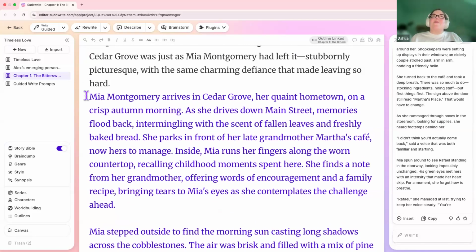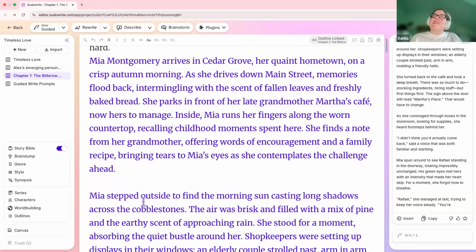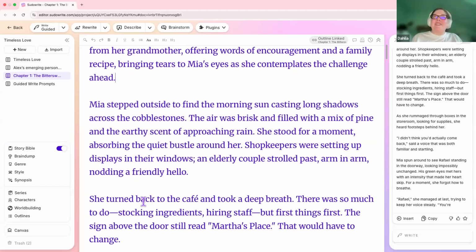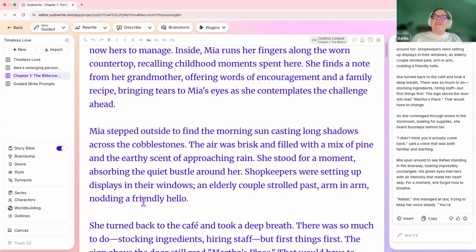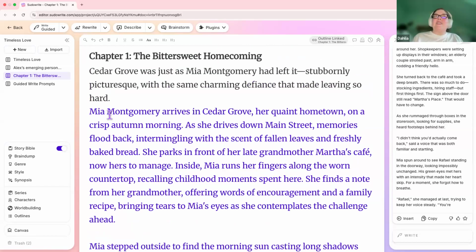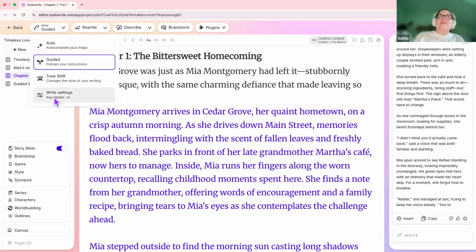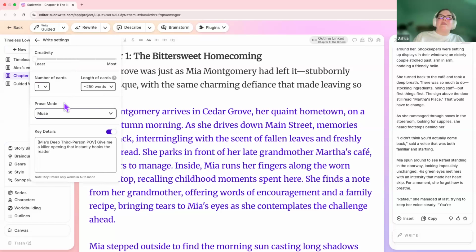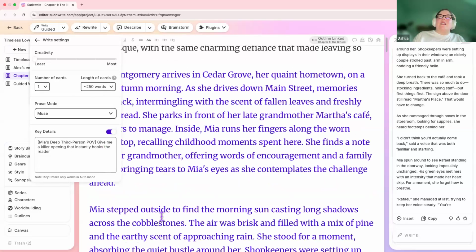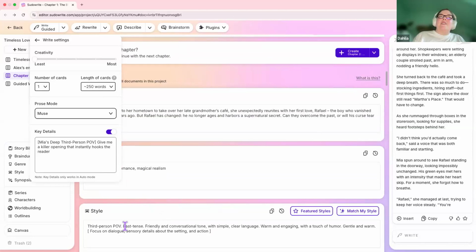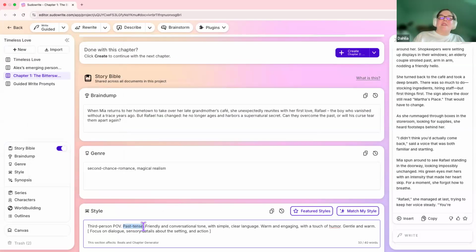Again, and now I also notice that it has the wrong tense and POV. Muse is not doing what it's supposed to do. Let's take a step back. Deep third person POV. Maybe I have to tell it that it's past tense.